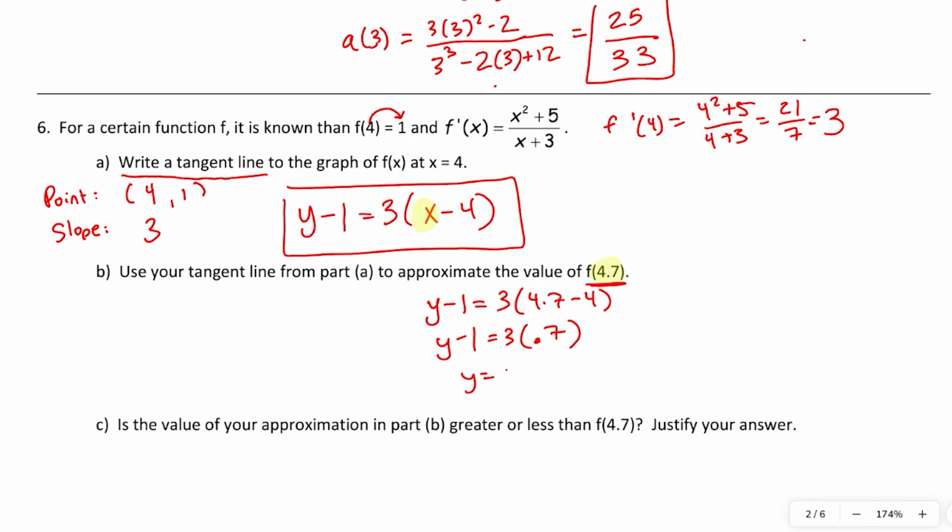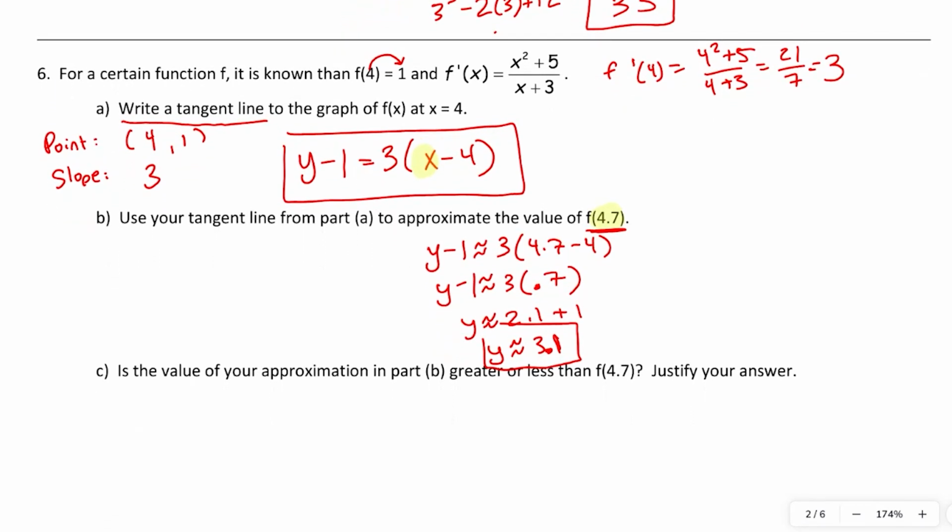So we've got 2.1, and then plus 1 is going to be 3.1. So we don't really want to say equal here. We're going to say approximately because we are approximating. I don't think I'll be super picky about that, but if we're going to be technically accurate here, this is an approximation. So y is approximately 3.1.